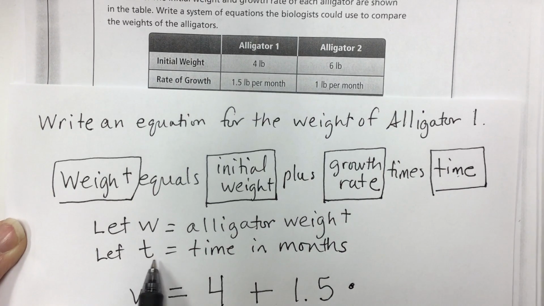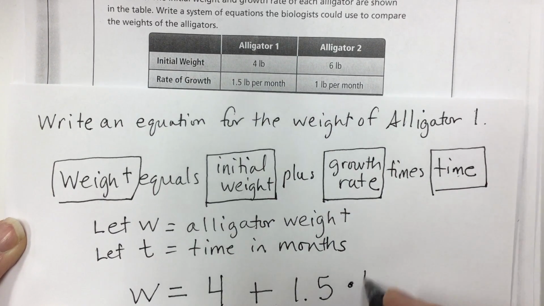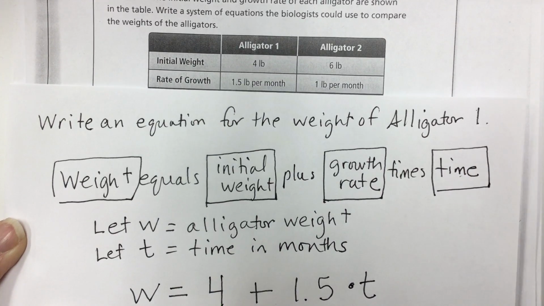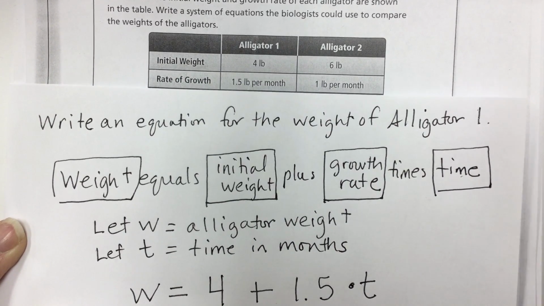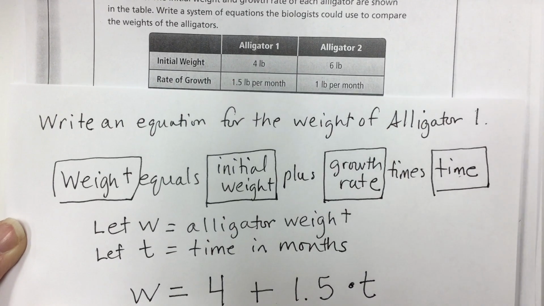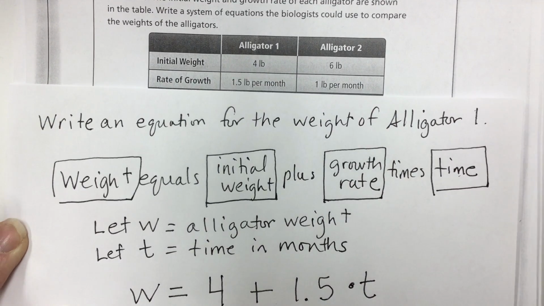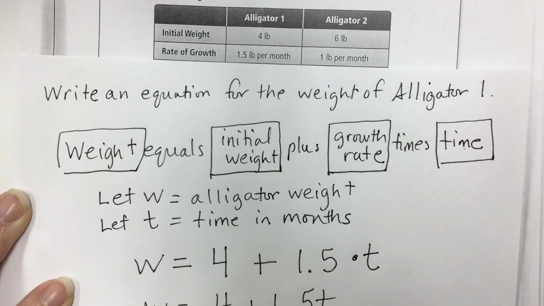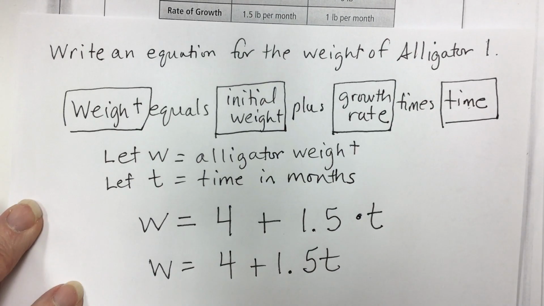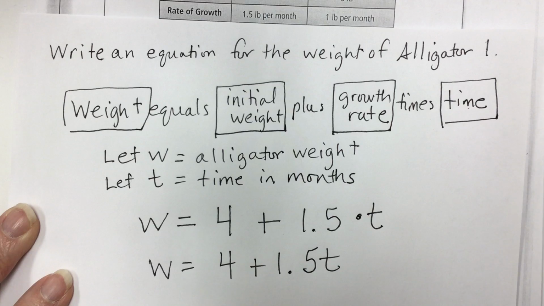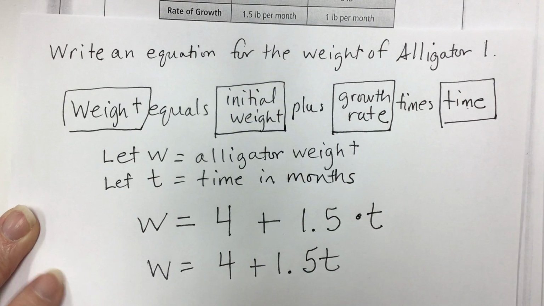Well, our T represents the time in months, so it would be times T. So we could write that W equals 4 plus 1.5T. You can just attach the T to the 1.5 because when you have 1.5T, that means 1.5 times T. Okay, so we have W is equal to 4 plus 1.5T.